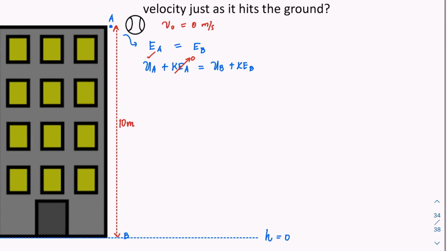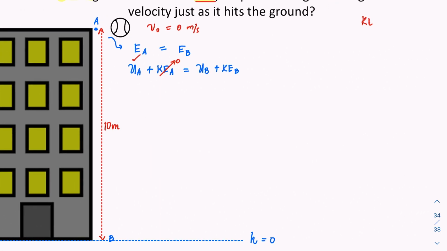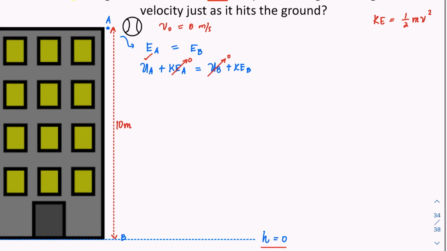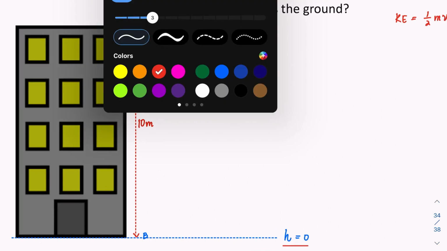Take note that kinetic energy depends on velocity, because KE is just 1/2 of the mass multiplied by the square of its velocity. The potential energy at B, U sub B, is now 0 because that is where I set h equal to 0, since point B refers to the point on the ground. The kinetic energy at B is non-zero, of course, because it will have a velocity at that point.